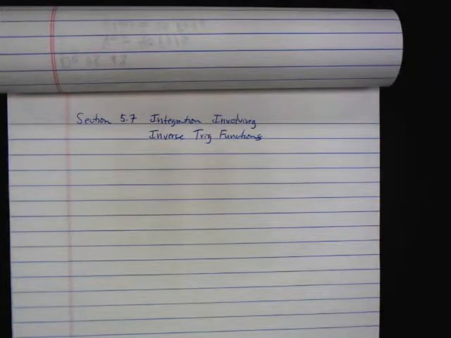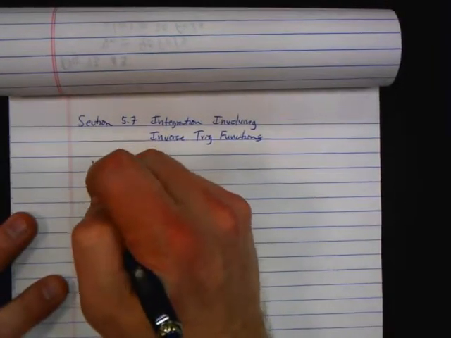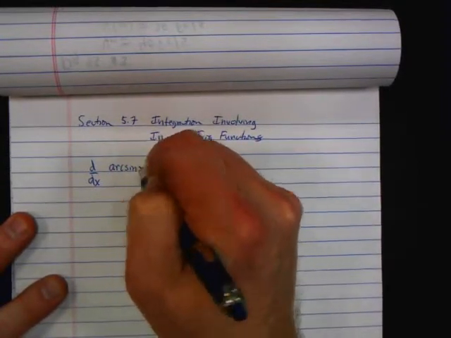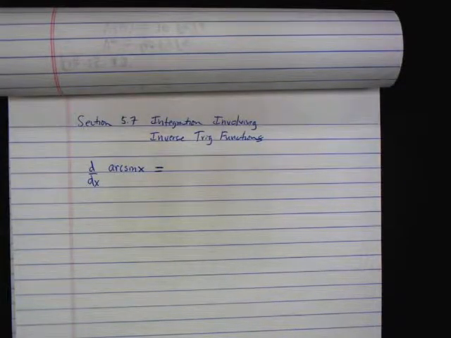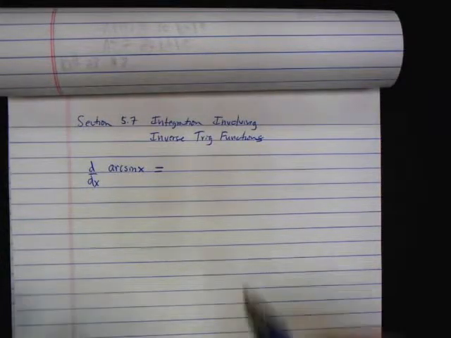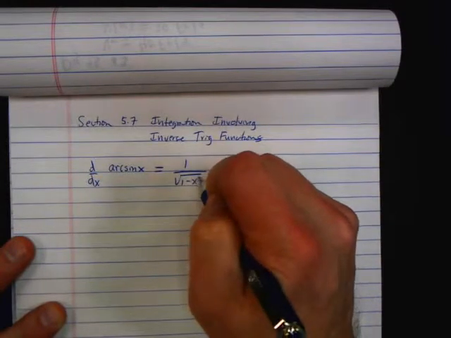Back in section 5.6, we had some rules for derivatives of inverse trig functions. For example, we had a rule for the derivative of arc sine of x. What was the rule? 1 over the square root of 1 minus x squared.